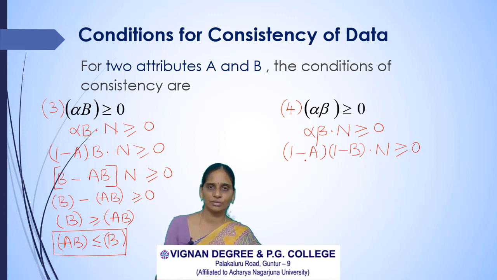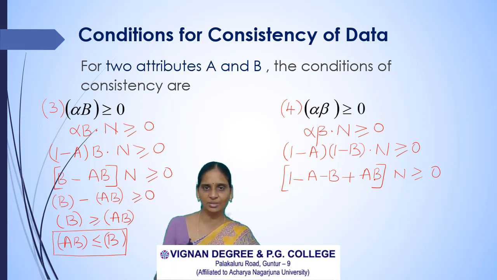So now we have to multiply 1 minus a into 1 minus b. We get 1 minus a minus b plus ab into n, which is greater than or equal to 0. In the next step you have to multiply each and every attribute with n.